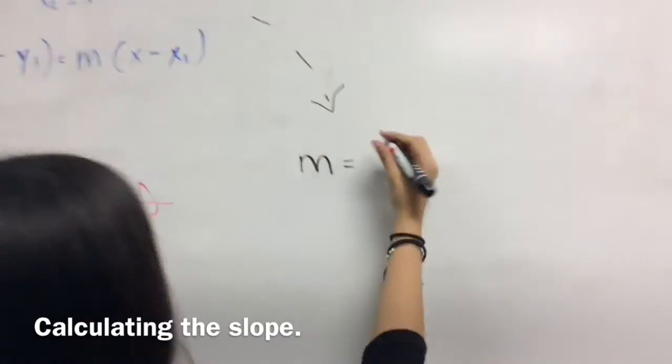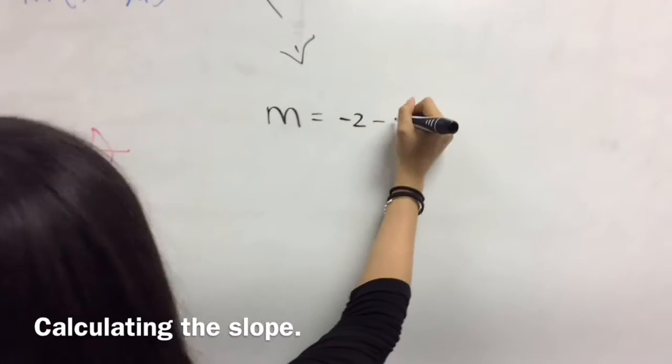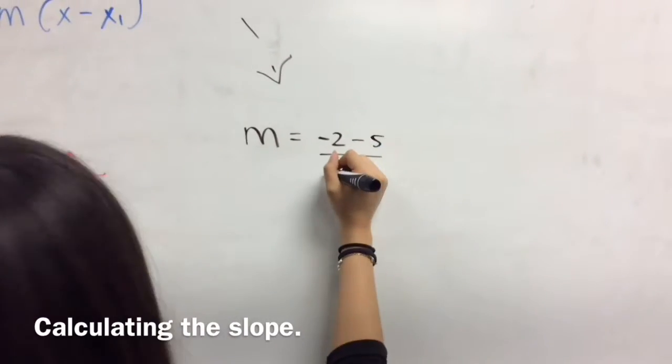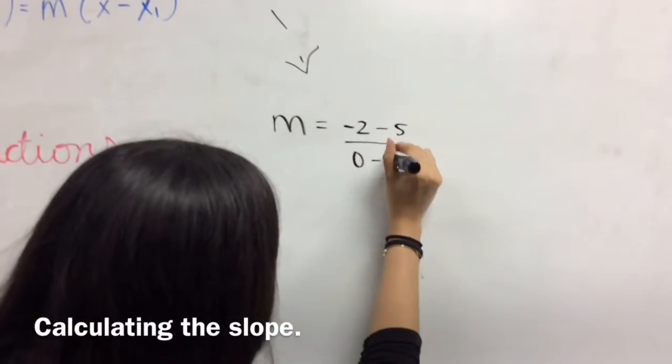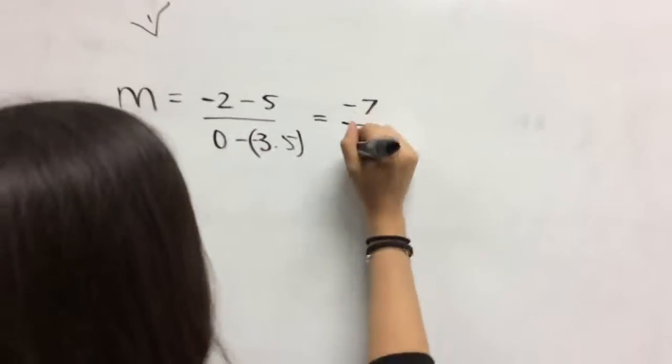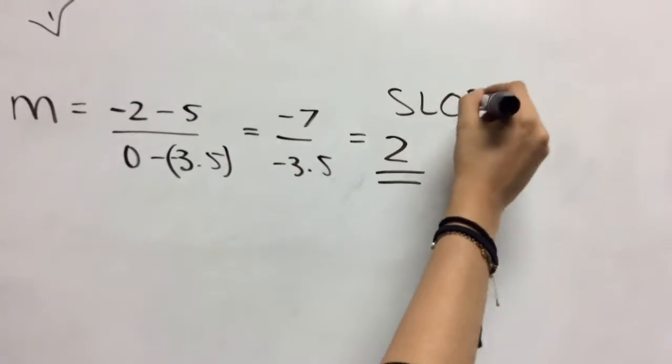Remember the formulas I mentioned before? Well, the next step is to substitute those points in the formulas. In this case, the result of the slope for the first function was 2.